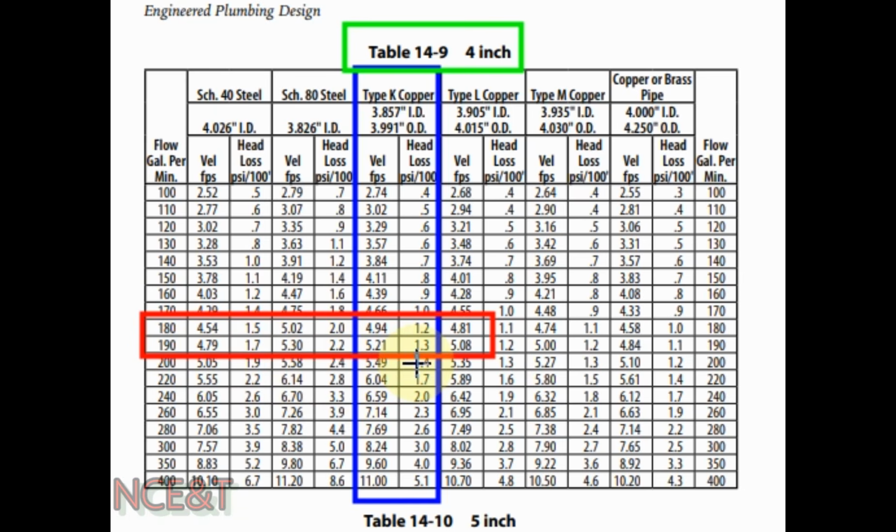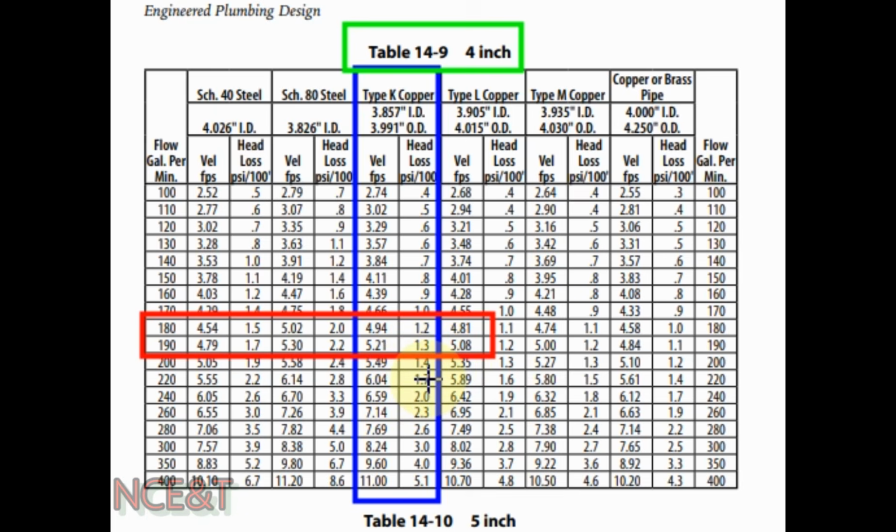When we go for the head loss, for 180 GPM it is 1.2, and for 190 it is 1.3. All values are within the maximum limit. Velocity is less than 8 feet per second, and the head loss is less than 5 psi per 100 feet. So we can select the 4-inch pipe for 186.72 GPM.